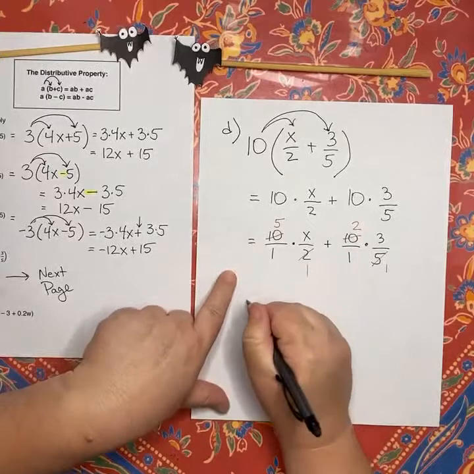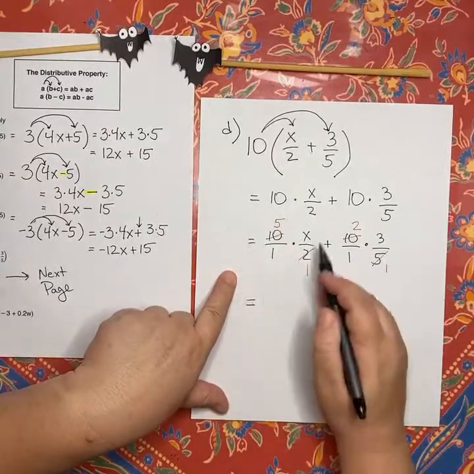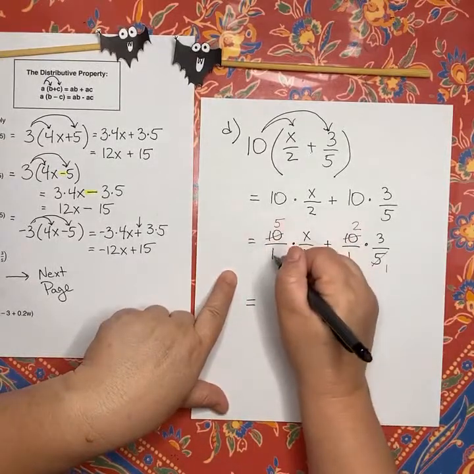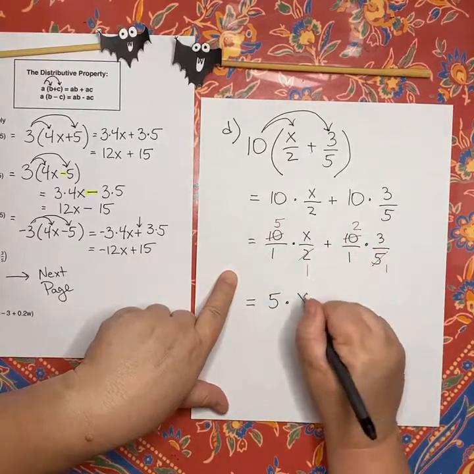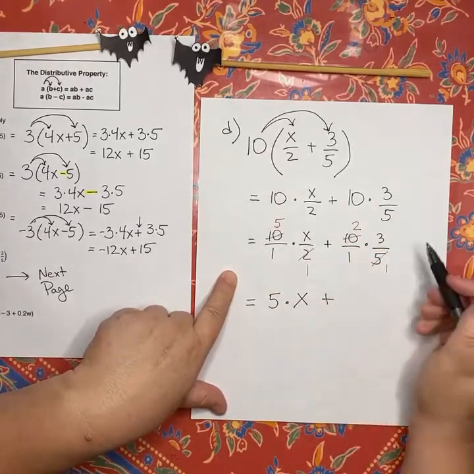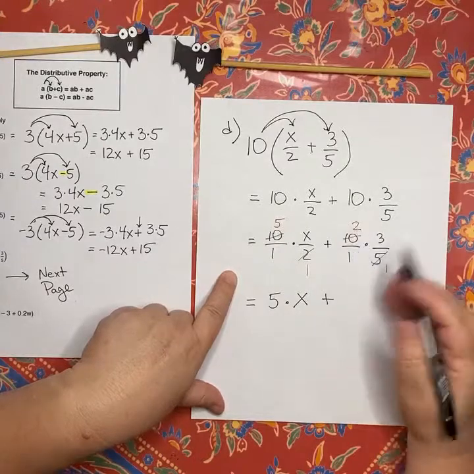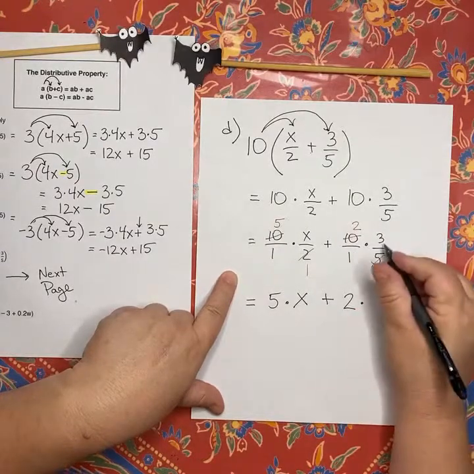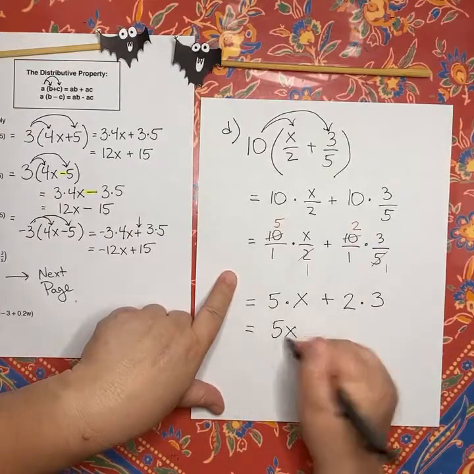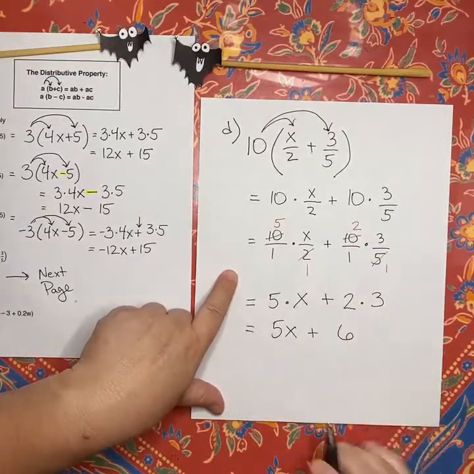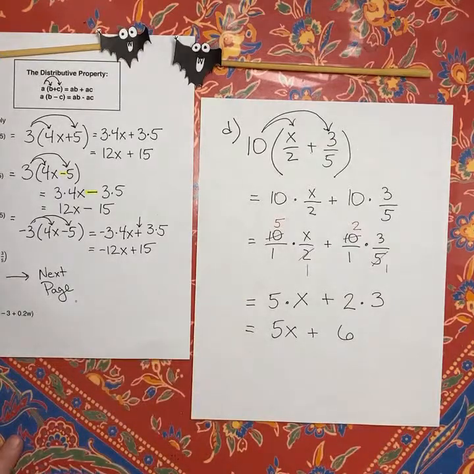So let's look at what we've actually got. All of this becomes 5 over 1, or 5 times x over 1, which is x, plus this one becomes 2 over 1, 2, and 3 over 1 is 3. 5x plus 6. Just like that, no shenanigans, nice and big.